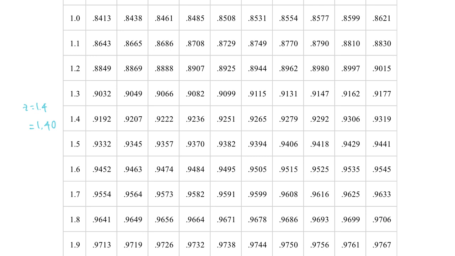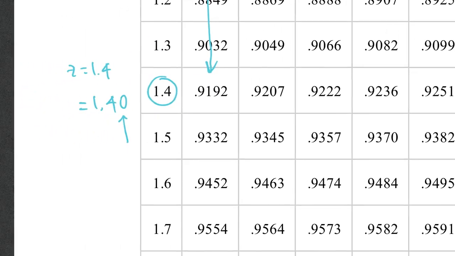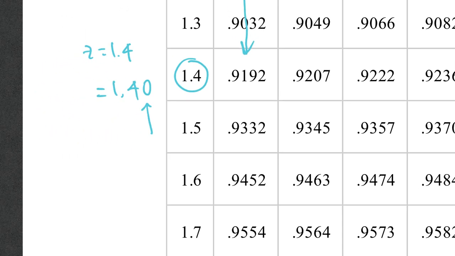What that means is that we go to the first column, which is 1.4, and the 100th place is 0, which means we go to the first row. Thus, it only gives us the area on the left-hand side of the z-score.